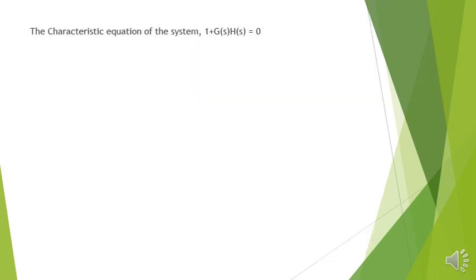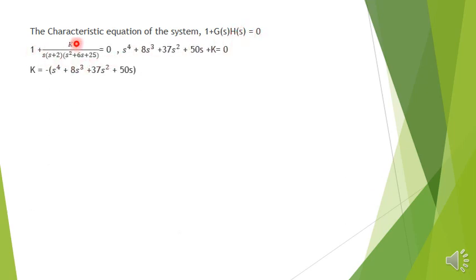Now we will find the breakaway points. To obtain the breakaway points, first we need to find the characteristic equation, that is 1 plus G(s)H(s) equal to 0. For this particular problem, 1 plus K divided by s into (s plus 2) into (s square plus 6s plus 25) equals 0. By rearranging, s to the power 4 plus 8s cube plus 37s square plus 50s plus K equal to 0.